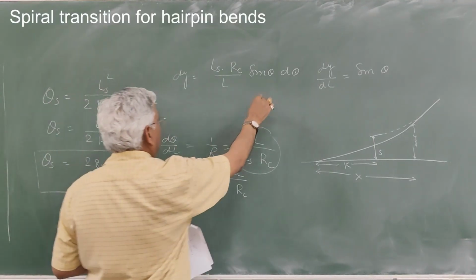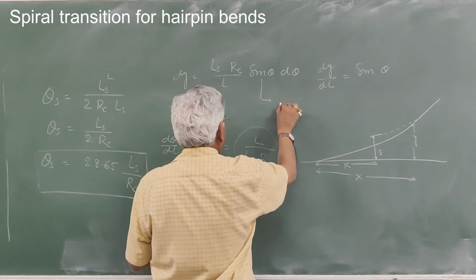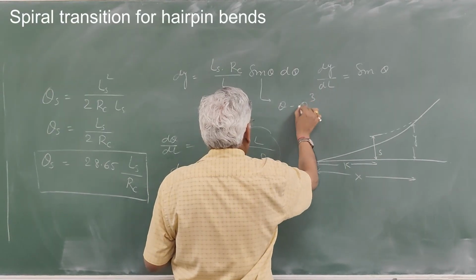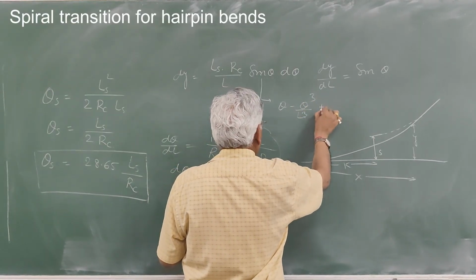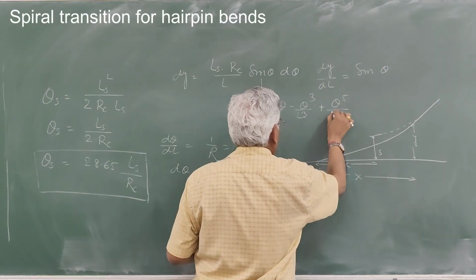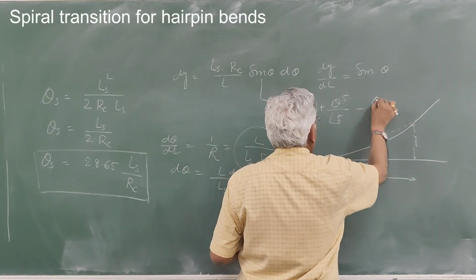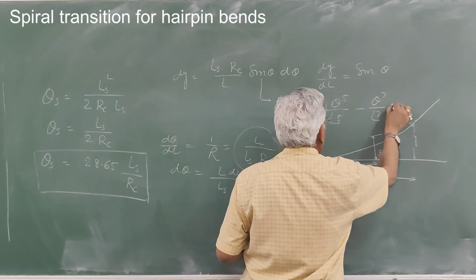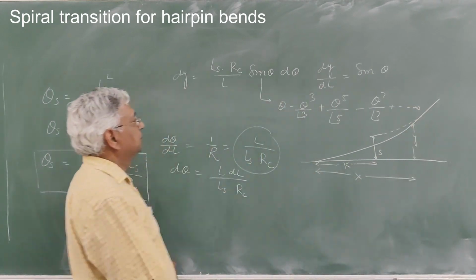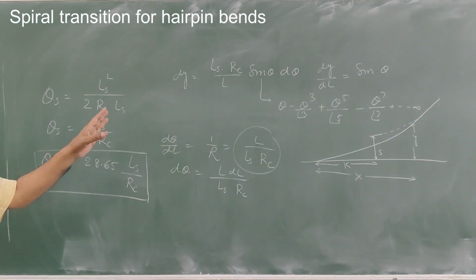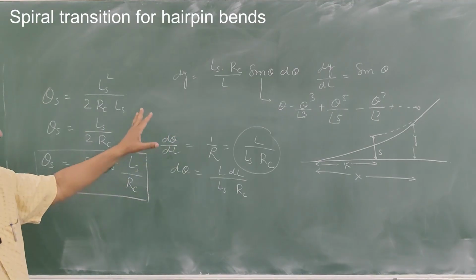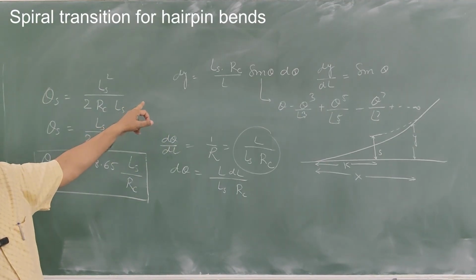You know the sine theta series is theta minus theta cube upon factorial 3, plus theta 5 upon factorial 5, minus theta 7 upon factorial 7, and so on up to infinity. This is to be integrated now, so you can find out y.